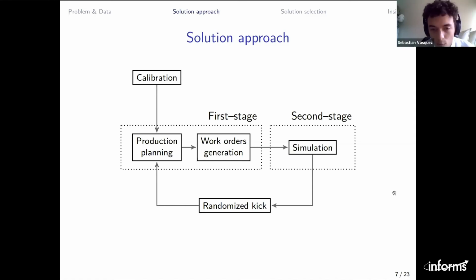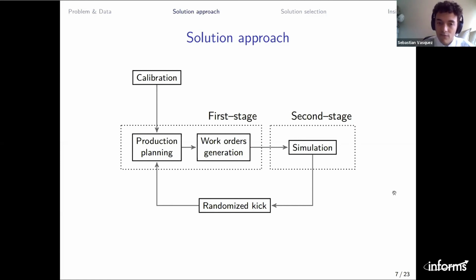Okay, perfect. So what we do is we iteratively execute the first stage and then the second stage to obtain the real makespans of the first stage solution. And with that data, we make a moving average to make a smooth curve of the production time for each plant, and then we make a linear regression to estimate a constant that would give us an approximation to the production time at each plant.